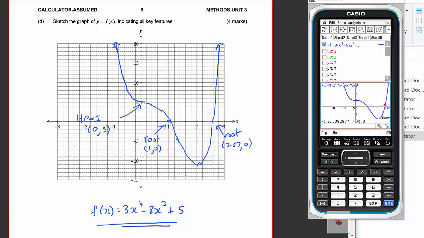We've got a minimum at 2, negative 11, and we've got an oblique point of inflection, and that was at 1.33 and negative 4.48. And that should be all the features we need to get all of these marks.